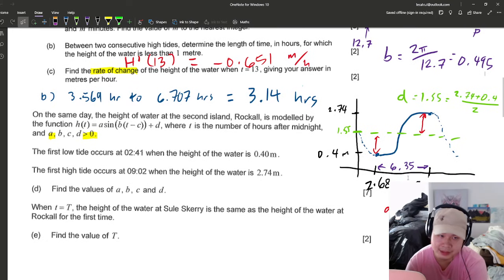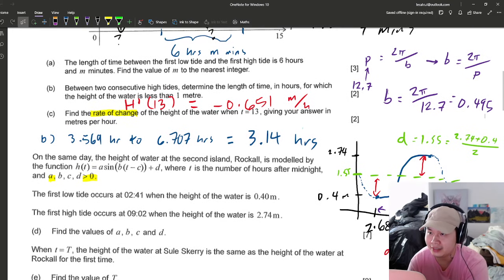Now, like I said, A for amplitude, easy. D for midline. B, this is what I used to tell my class, it's really stupid, but I called it "period." It's not quite period, which is a very common mistake. People see the value of B and think that this is the period.